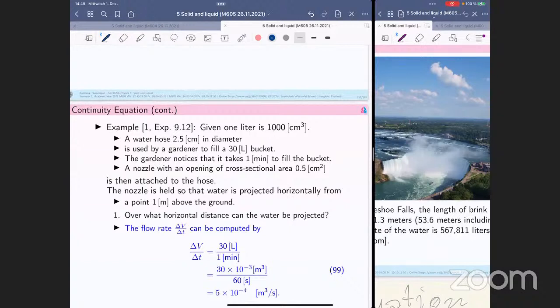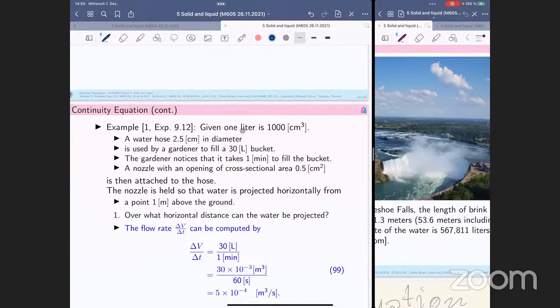Okay. In the second example, we have a complicated scenario. Given 1 liter be 1,000 cubic centimeters, 1,000 cc.